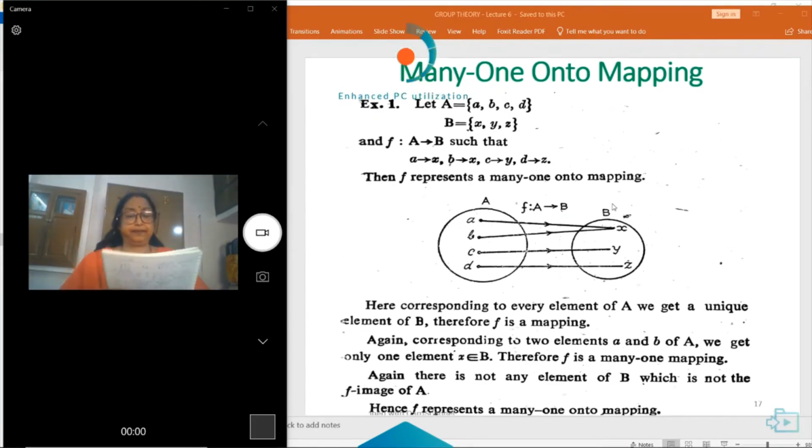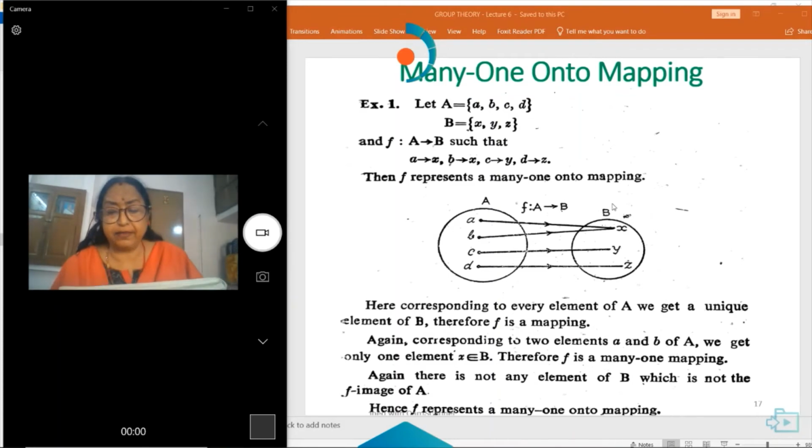So students, go through the examples given on your screen and proceed.